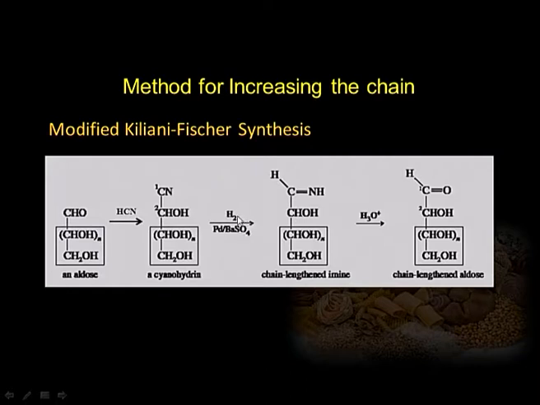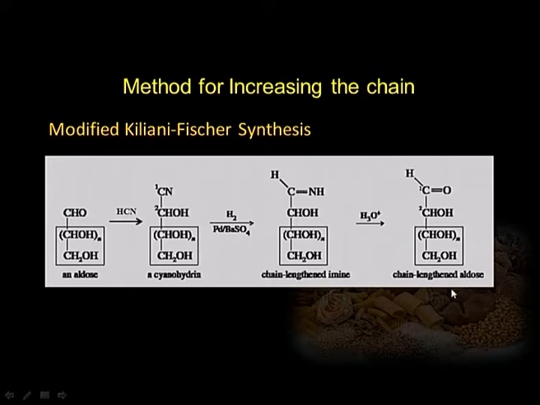So, in catalytic hydrogenation with a mild catalyst having some catalyst poison, this C triple bond N is only partially reduced to CH double bond NH, that is to imines. Further reduction would give the amines, but due to the presence of this poisoned catalyst, reduction proceeds up to this stage only. We get the corresponding imine and this imine can be hydrolyzed to give the corresponding C double bond O group. So, we can get the corresponding aldose with one increased carbon.